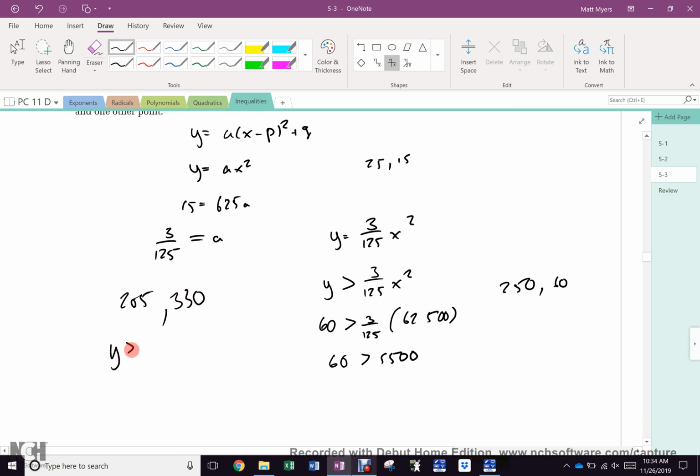So y has to be greater than 3/125 x squared. Y is 330. 3/125 times 205 squared. What's 205 squared? 42,025 times 3 divided by 125.